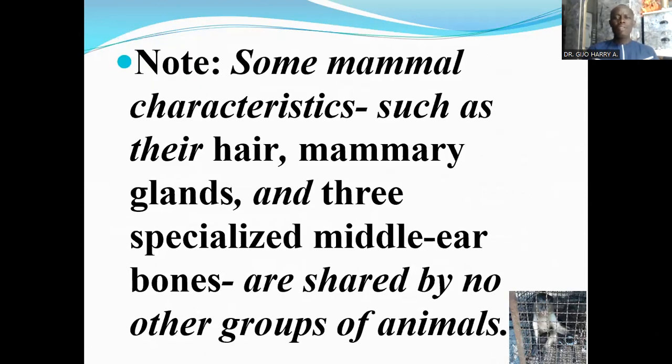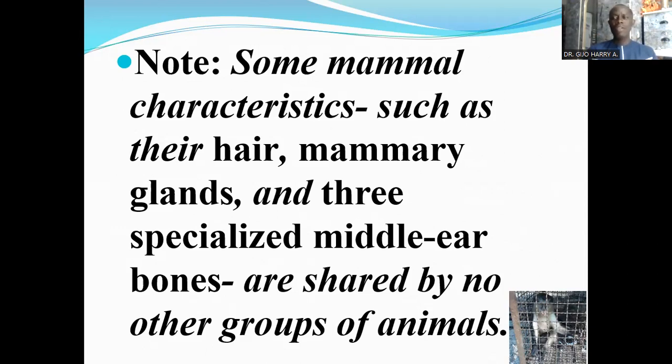Now, one thing we have to note is that some mammal characteristics, such as hair, mammary glands, and three specialized middle ear bones, are shared by no other groups of animals. These three features, the possession of hair, mammary glands, and the three middle ear bones, are unique to only the mammals. Every other feature is shared by some other groups.